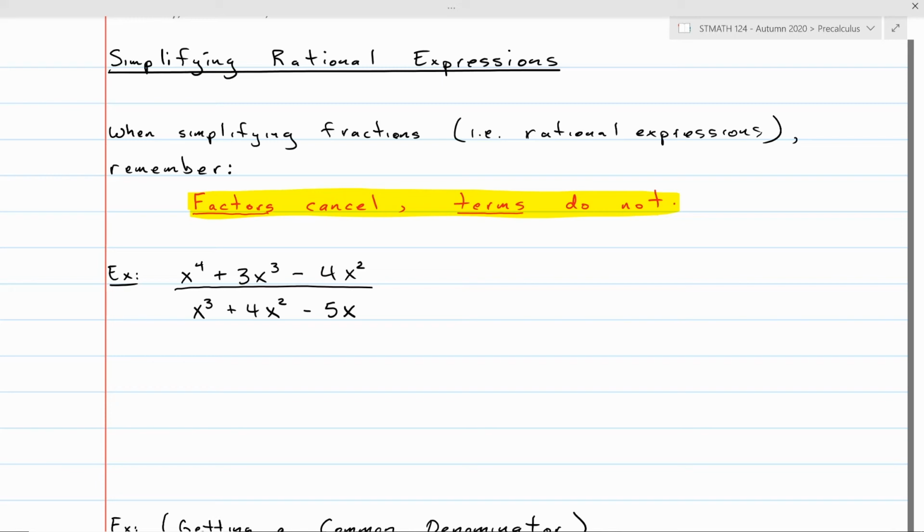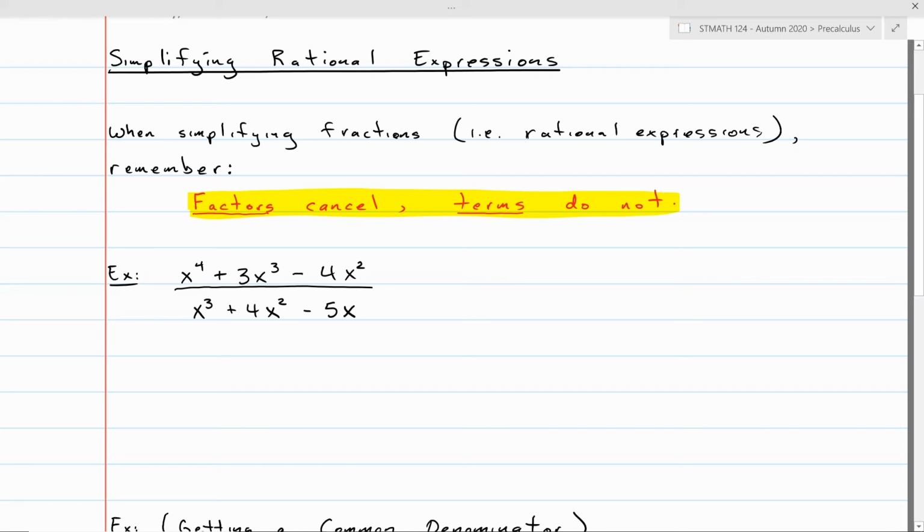Like in this first example that I have here, the numerator is not expressed as products of things. It's expressed as a sum of things, sum and difference. So if you want to cancel things from the numerator and the denominator, factors in the numerator can cancel with factors in the denominator.